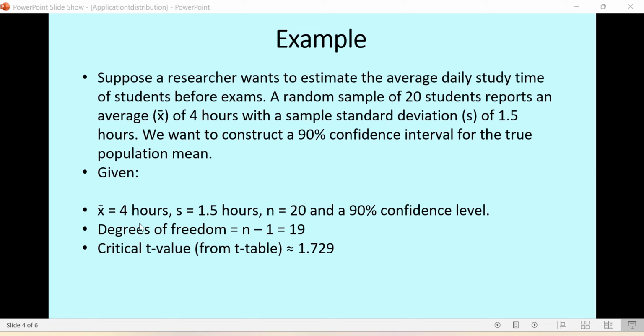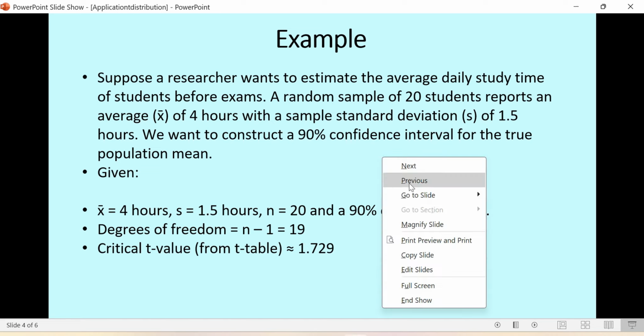So x bar equals 4, s equals 1.5, and n equals 20. Because we want a 90% confidence interval, we have degrees of freedom 19, and we check the t-distribution table for the critical value for 5% on the right side with 19 degrees of freedom. We get this value is 1.729.